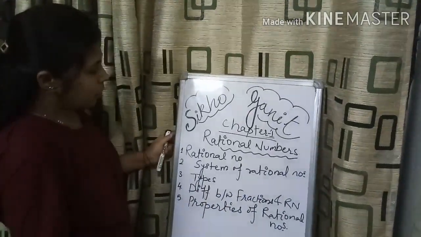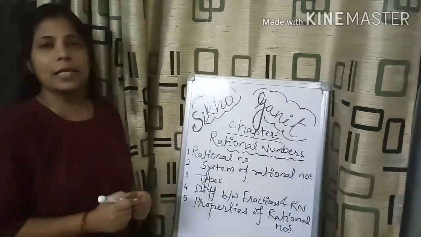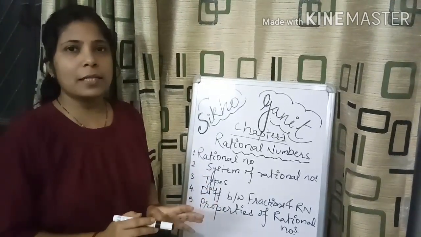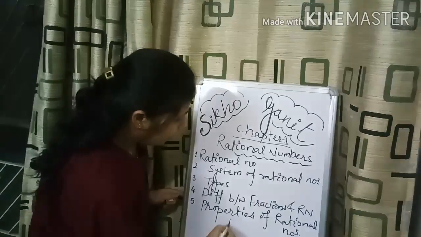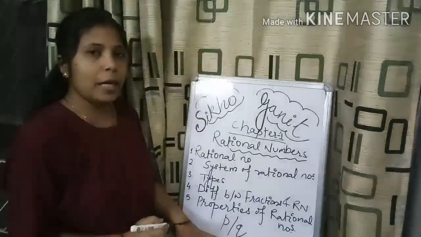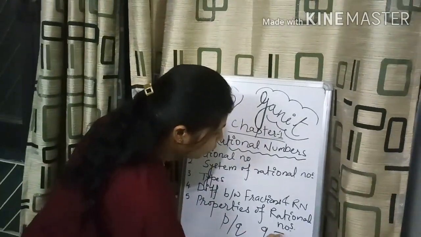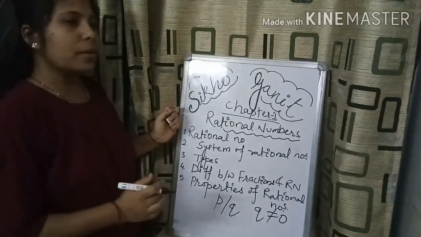So first we'll learn what is rational number. Do you know what is rational number? Any number which can be expressed in the form of P by Q, where P and Q are two integers and Q must not be equal to 0, then such number is called a rational number.